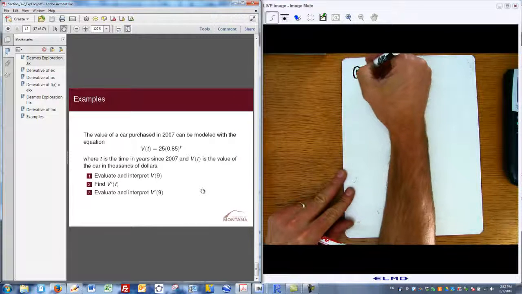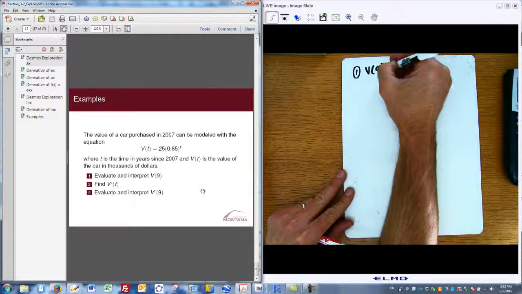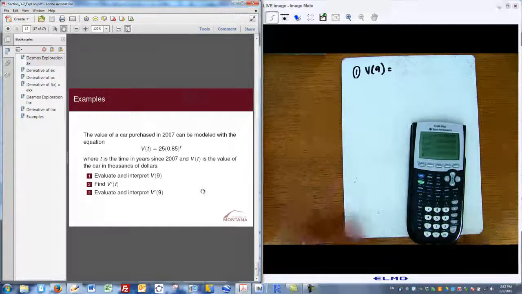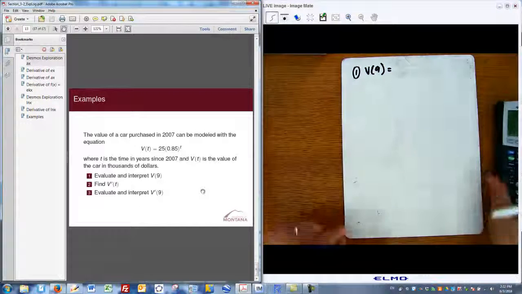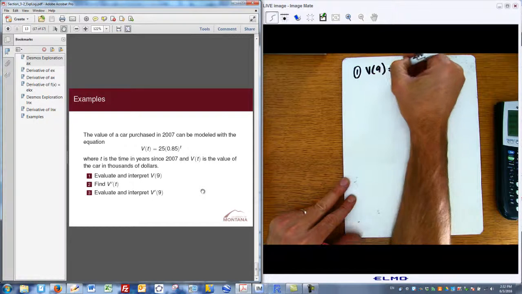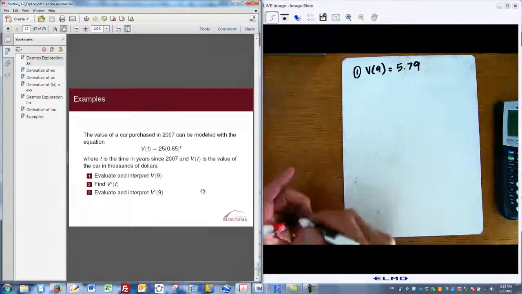So number one, what would be v evaluated at 9? Well, that's easy enough. We just plug in 9 into our function. So 25 times 0.85 raised to the 9th. So we get 5.79-ish. So how do we interpret that?